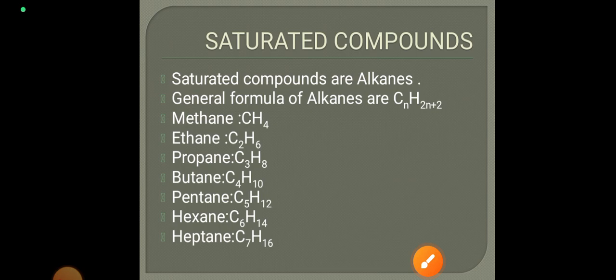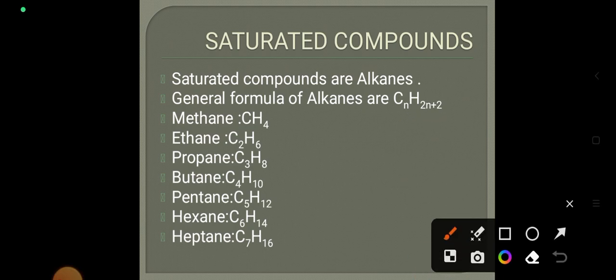This is how we write the general formula for alkanes, CnH2n+2, and these are the molecular formulas for the subsequent saturated compounds, that is alkanes: methane, ethane, propane, butane, pentane, hexane, heptane.